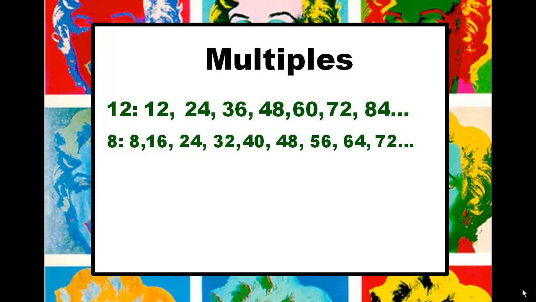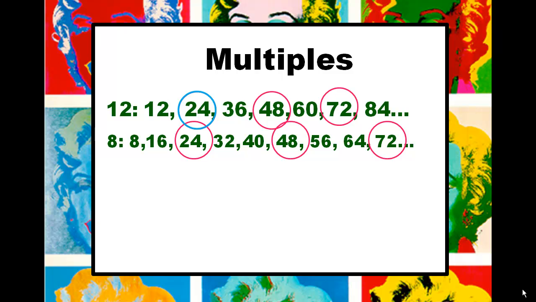This time, let's take a look at what these lists have in common. 24, 48, 72, and if we had extended our lists, we would have found even more. It's always good to look for patterns in math, so you'll notice if you look at the list for 12, every other one gets circled, and in the list for 8, every third multiple gets circled.